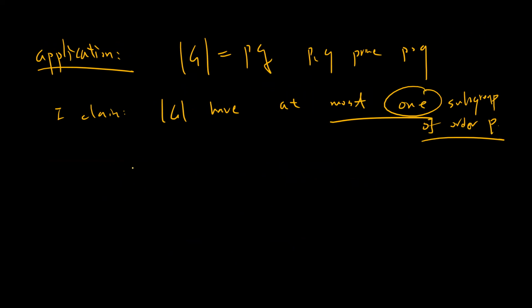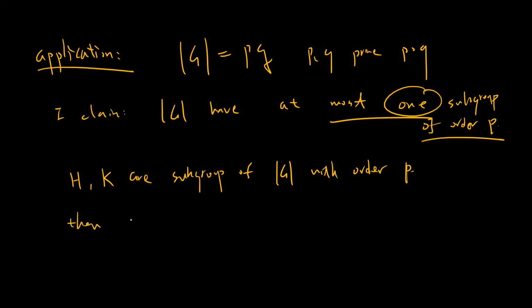Okay, and the reason is simple, right? Because if H and K are both subgroups of G with order p, then you will get that the intersection of H and K cannot be identity, right?